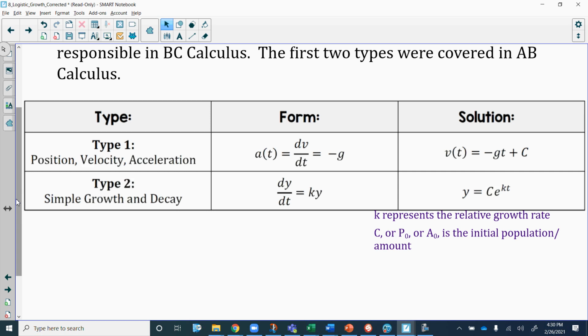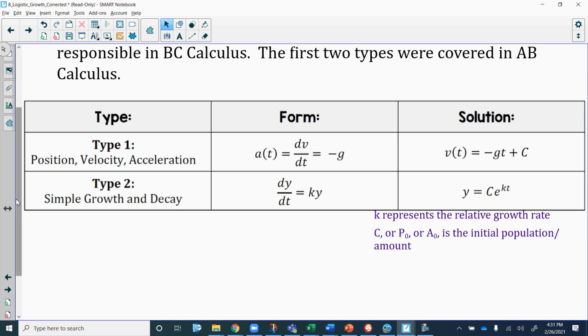The specific solution would just be negative gt plus c, and c in that case would typically represent not a starting position, but more along the lines of an initial velocity.